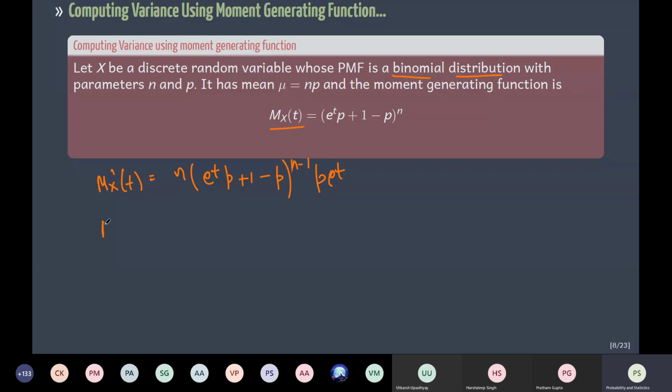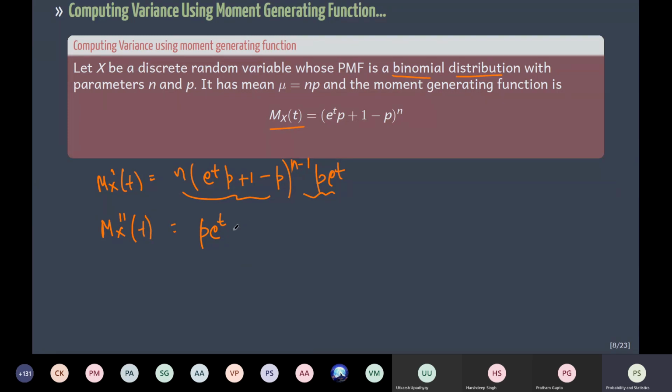Now if we do the double derivative, we apply the product rule and the chain rule combined. It's the product rule because there is some function of t here and some function of t here. Let us say this is our first function, so first function into derivative of the second.